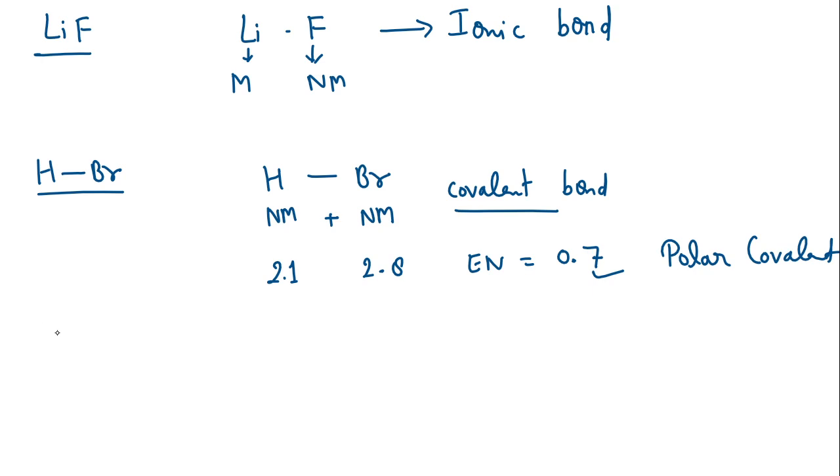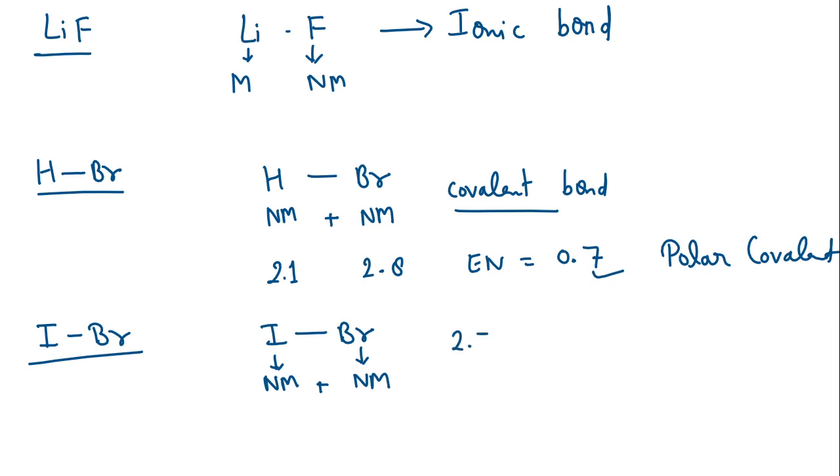Our next molecule is IBr. Both atoms are different, and iodine is non-metal, bromine is also non-metal. So non-metals combine and form covalent bond. Now let's see the En value for both elements. For iodine, En value is 2.5 and for bromine atom it is 2.8.